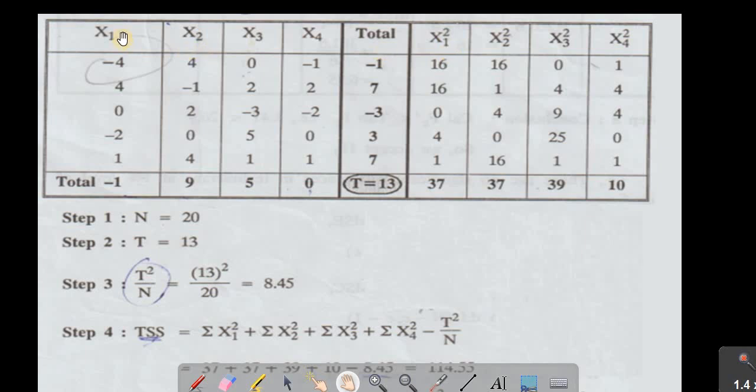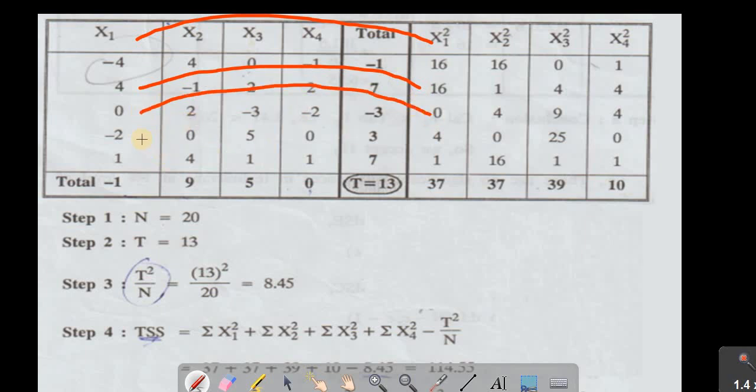Next, now look at that, we square the values. For x1 square: minus 4 squared is 16, 4 squared is 16, 0 squared is 0, minus 2 squared is 4, 1 squared is 1. So this is the way we get x1 square.